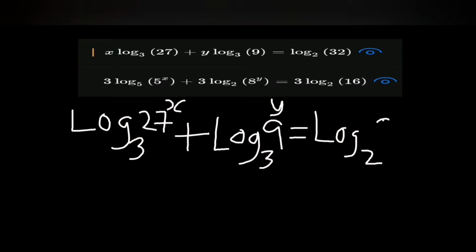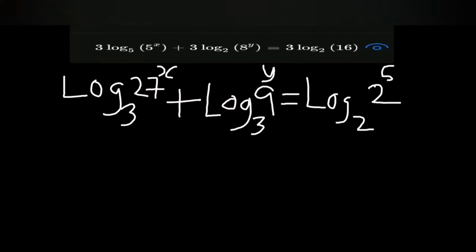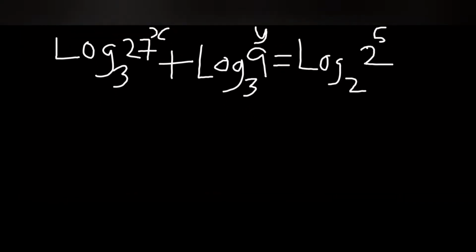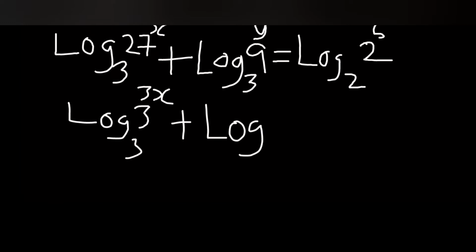32 is the same as 2 raised to the power of 5. So the next thing we are going to do is to finish the first one so that I can get a preframable equation. So let's complete the first one first. What we are going to have is log base 3, and all of you know that 27 is 3 to the power of 3, so that's 3x, plus log base 3.